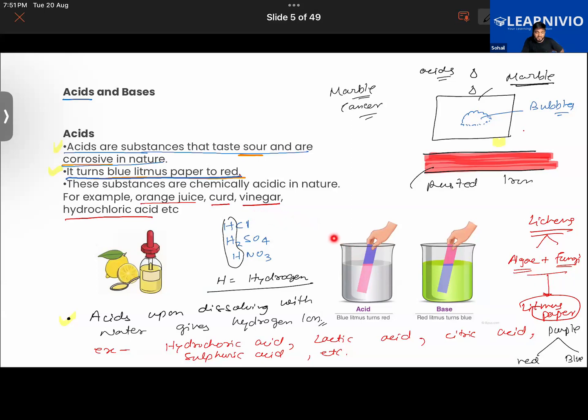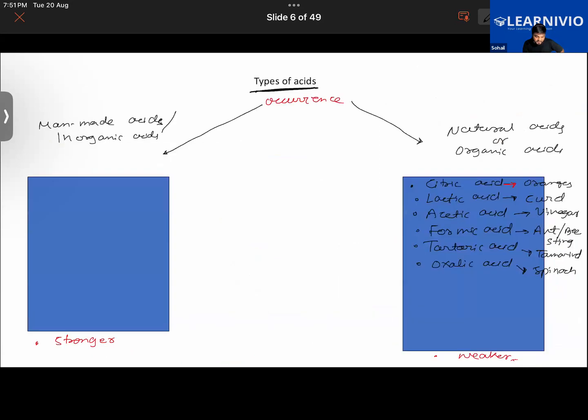If you dip blue litmus paper into it, it turns red in color. That is the way to check whether a given substance is acidic or not. That is the indicator. That is the acid indicator. That is how it works. Although we'll be learning about lichens later on also. So far, is this clear to everyone or not?